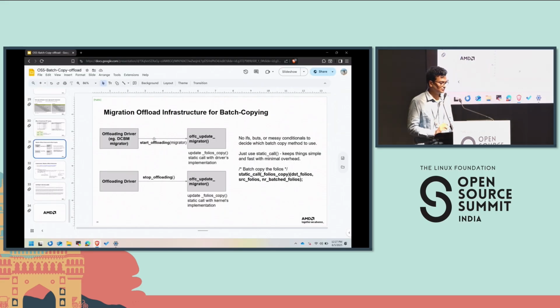My question was about the batch copy operation, which is the major time taker. Rather than doing it on the CPU, you said you would do some DMA setup and offload this to hardware. What is that hardware which would do this batch copying?